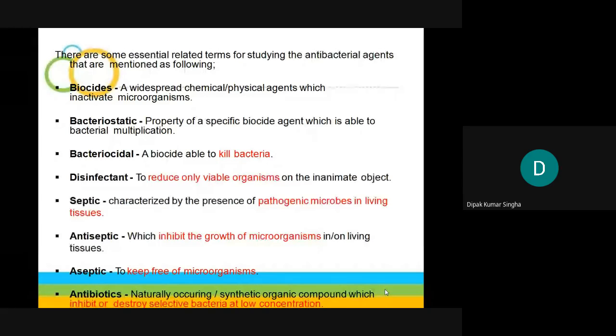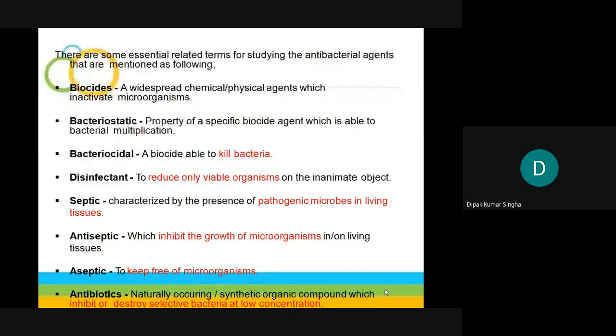What do you mean by the minimum inhibitory concentration? Suppose one antibiotic, say for example ciprofloxacin, at 200 milligram is not effective, 300 not effective, 500 milligram is effective, 600 milligram effective, 800 milligram effective, and 1000 milligram also effective.